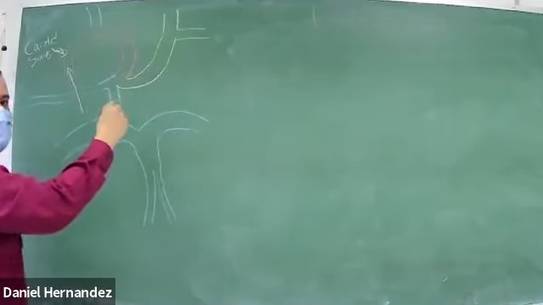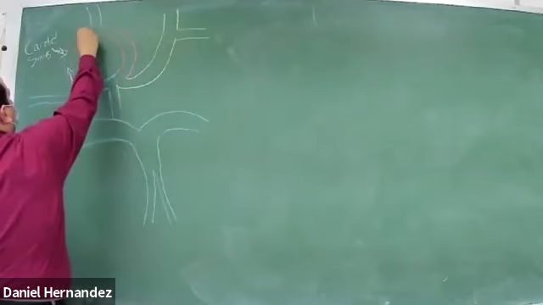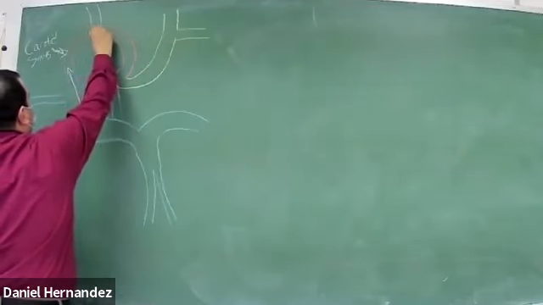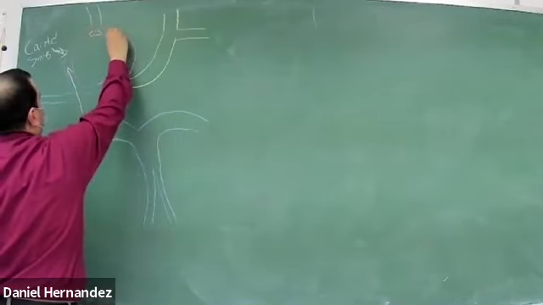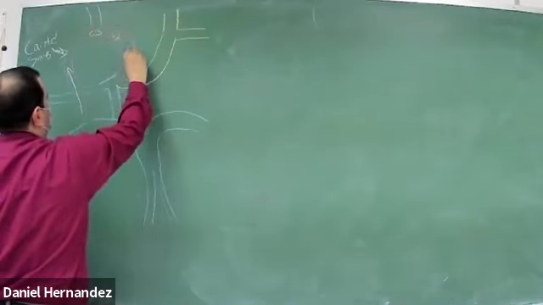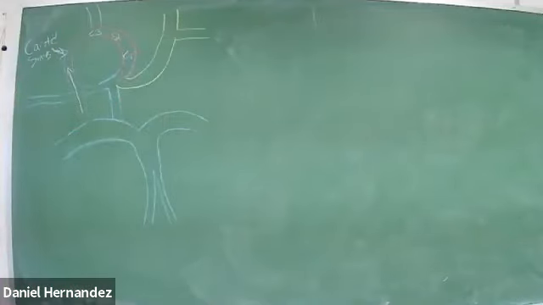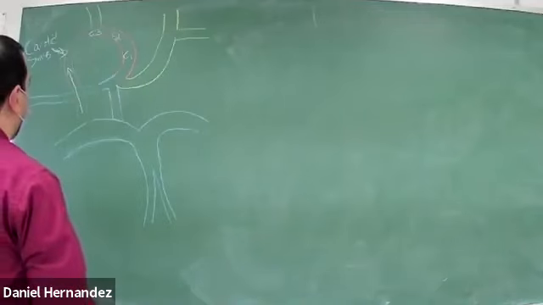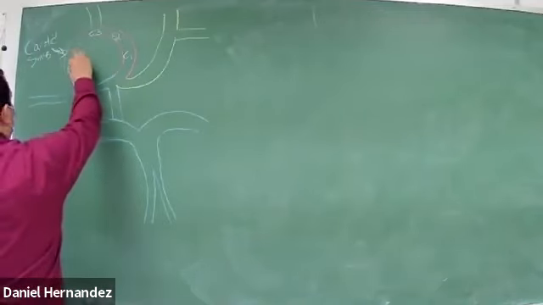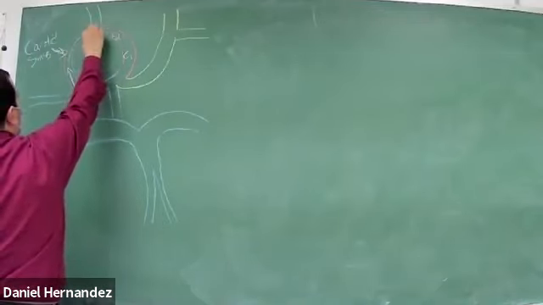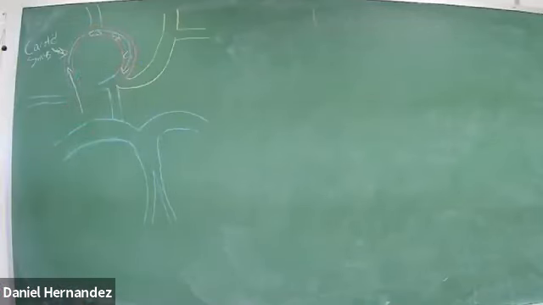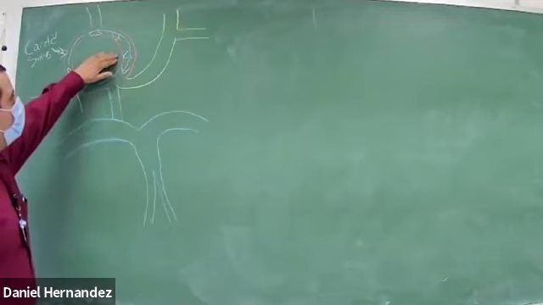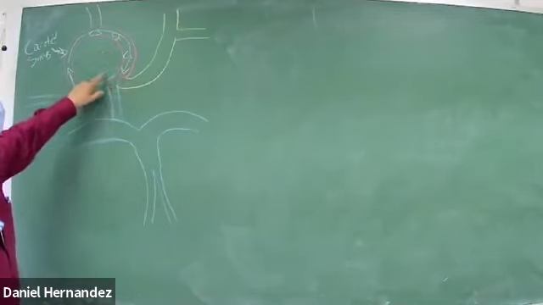Then we have C3, C2, C1 for our carotid arteries. Our blood flow comes in, goes around the loop, and we wind up in the distal common carotid and our bifurcation.